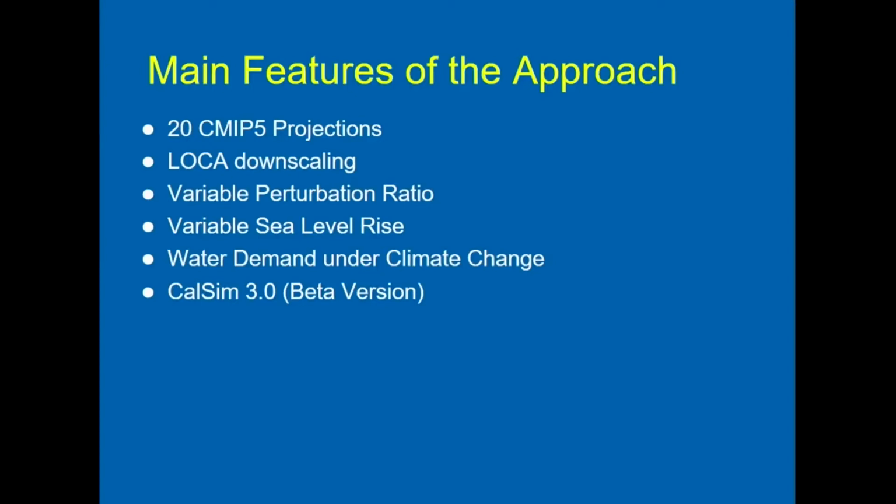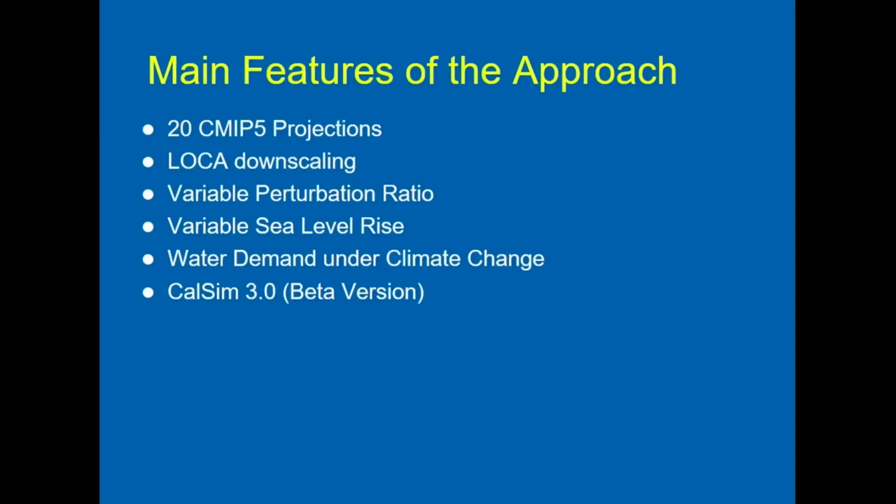the inflow. This inflow is also calibrated and bias corrected by Scripps Institution of Oceanography, and we also use the variable perturbation ratio to perturb historical inflow, historical temperature, and precipitation data to generate flow and also generate demand.